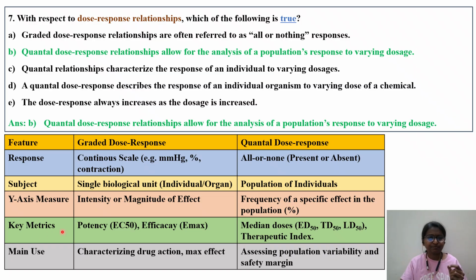Key metrics: in the case of graded dose response you are seeing potency EC50 and efficacy Emax, whereas in the case of quantal dose response, ED50, TD50, LD50, and therapeutic index are seen. Coming to main use, graded dose response characterizes drug action and maximum effect. In the quantal dose response, assessing population variability and safety margin will come under this.